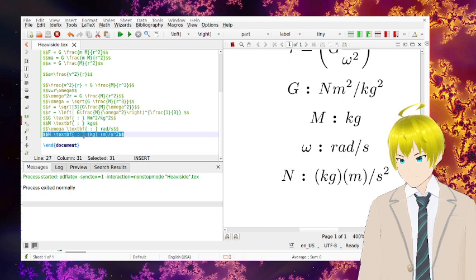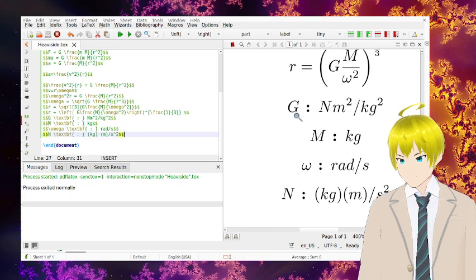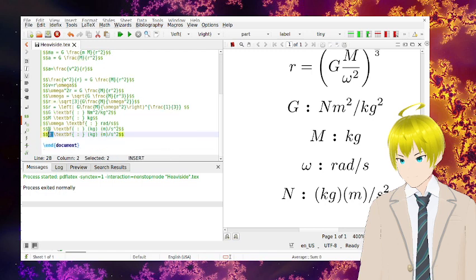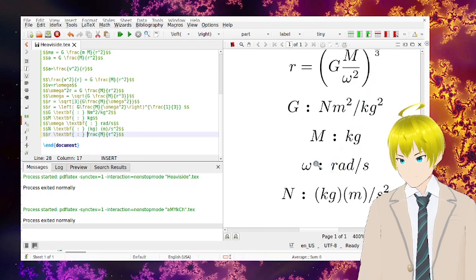Actually, let's plug it into an equation. So let's plug our dimensions into this equation, right? So R is going to be, well, the units for G, kilogram, what am I doing? It's these.